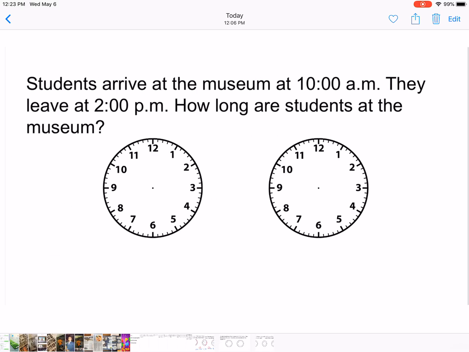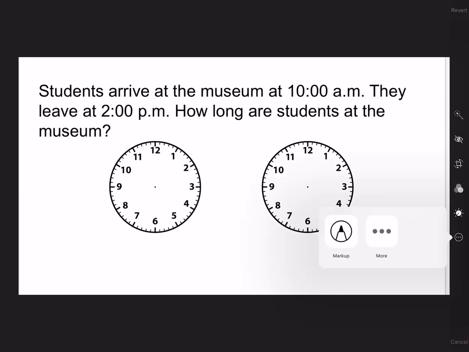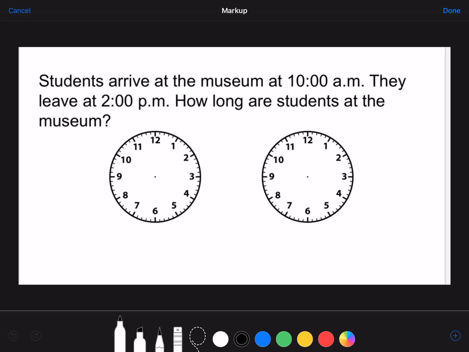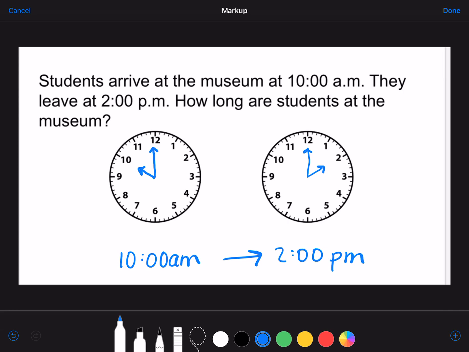Now we're going to go to our next problem. The next problem says that students arrive at the museum at 10 o'clock a.m. They leave at 2 o'clock p.m. How long are students at the museum? So we start by showing 10 o'clock a.m. and we're going until we get to 2 o'clock p.m. Now, the important thing to realize here is we're going past noon.